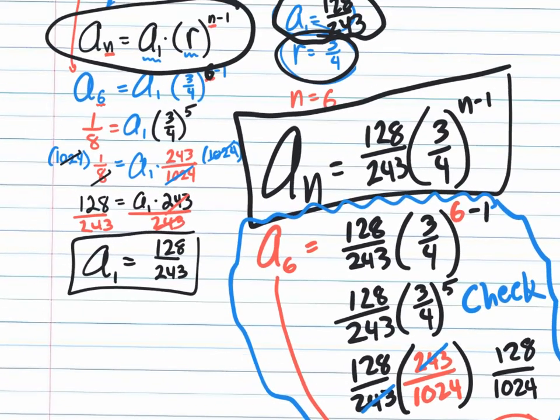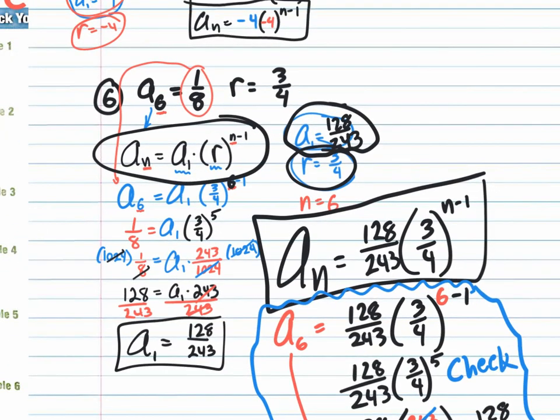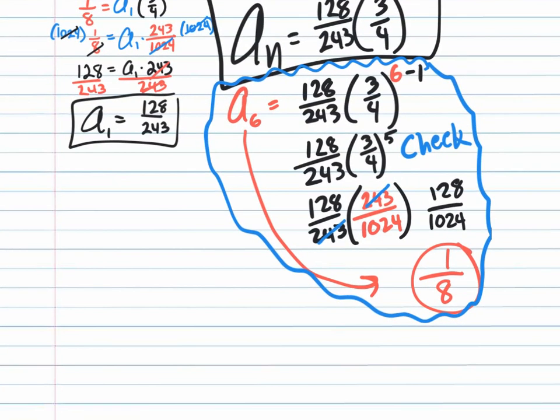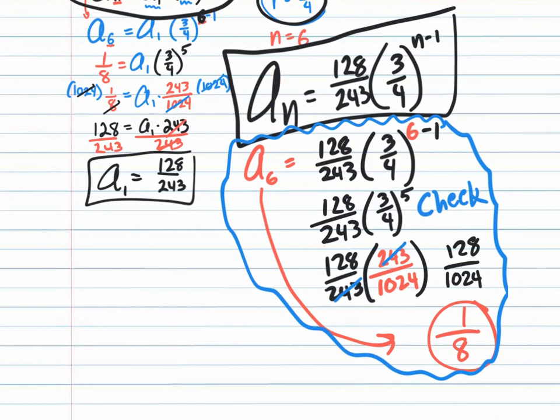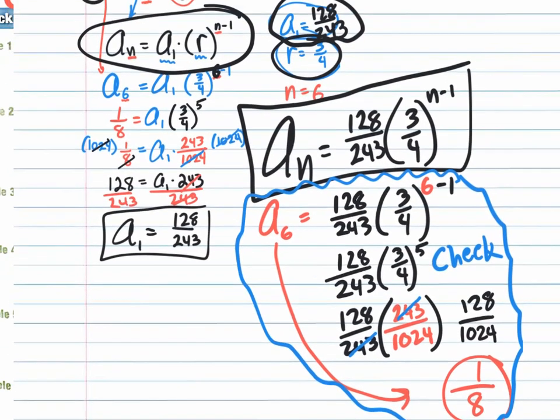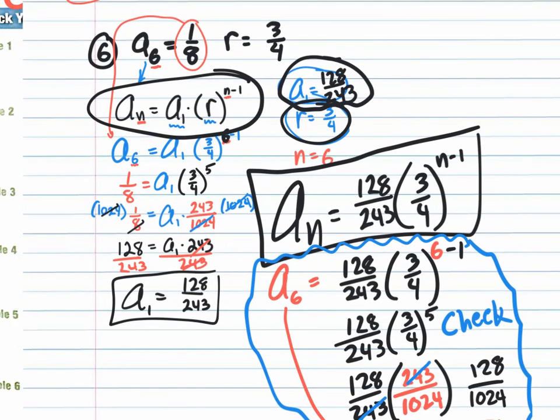We don't have a list here, but it does say a sub 6, the 6th number on the list, is 1/8. So again, this work was just to verify. You don't have to do it. But if you're ever doing a quiz or test and you want to make sure that you came up with the right a sub nth rule, you could plug in whatever number they gave you and see if it actually gives you 1/8.